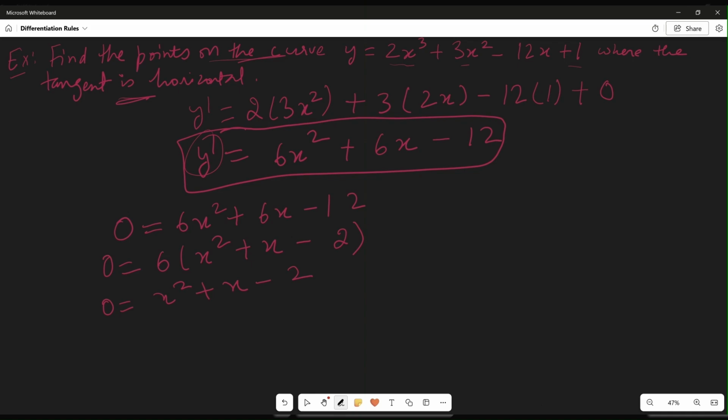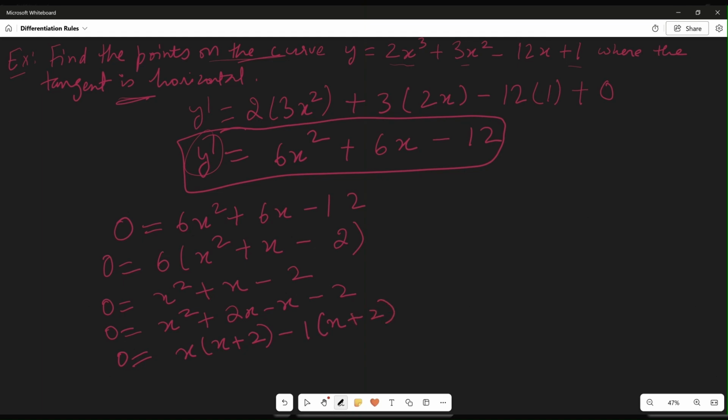We can factor this, back to basics, right? We can write this as x square plus 2x minus x, and minus 2. So we have x plus 2, minus 1 times x plus 2.